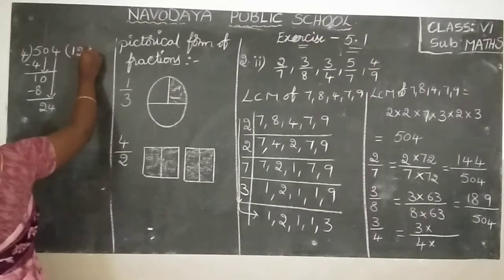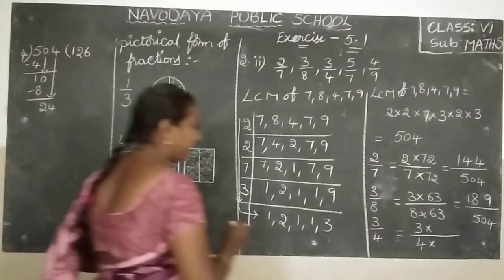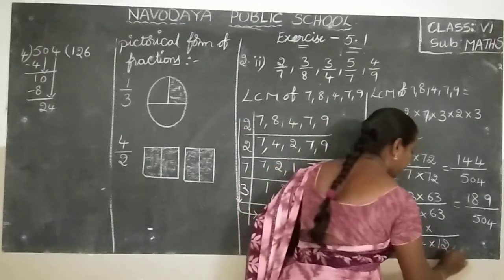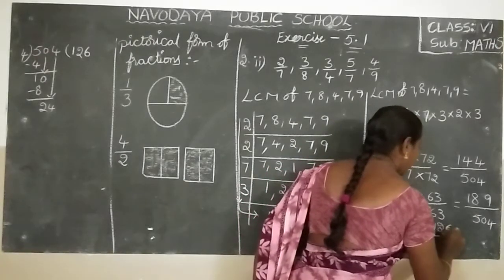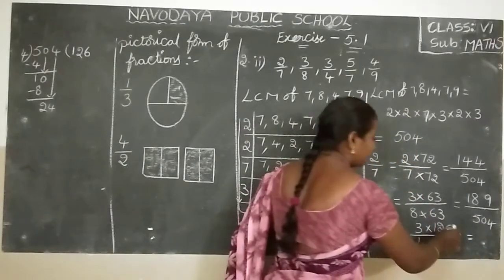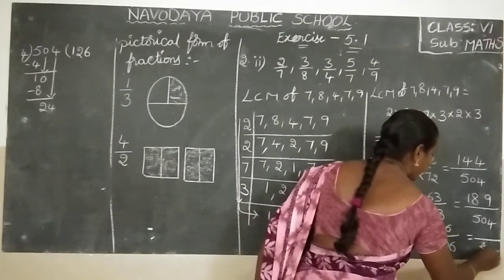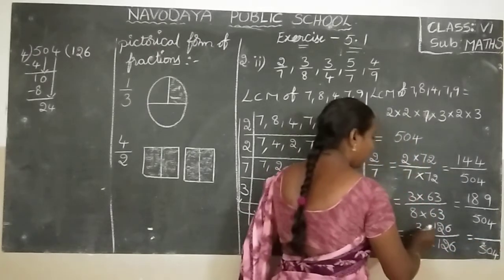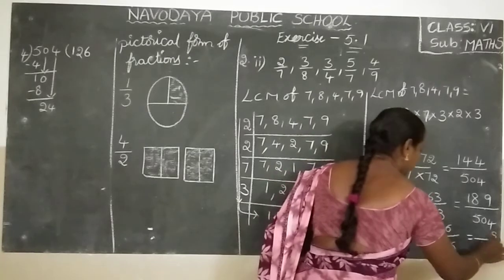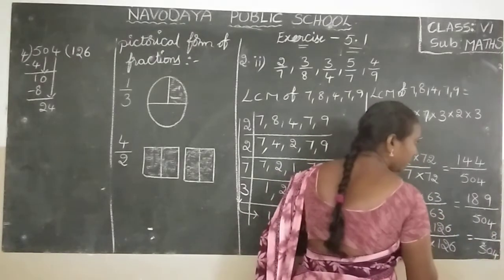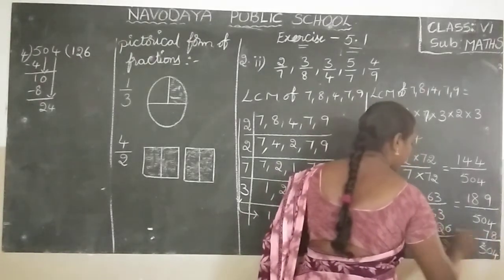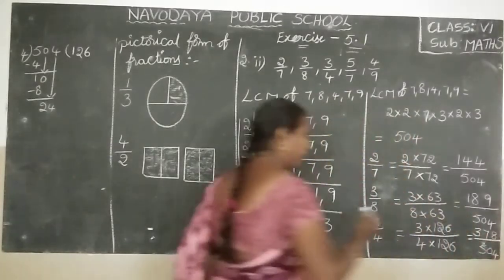Means 6 times, 126. That equals 3 into 126 is 378, and 4 into 126 means 504. So 6 3s are 18, 6 2s are 12 plus 1, 3 7s are 21.